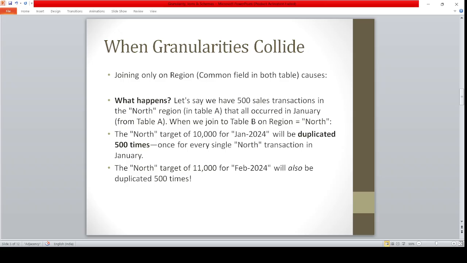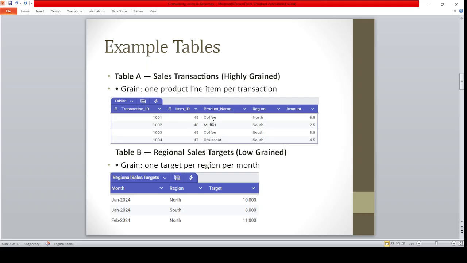For January in the north region we have 500 sales rows, and if we combine on the basis of north, then for every row in table A, January north gives the similar row from table B. Now imagine joining these tables only on region.